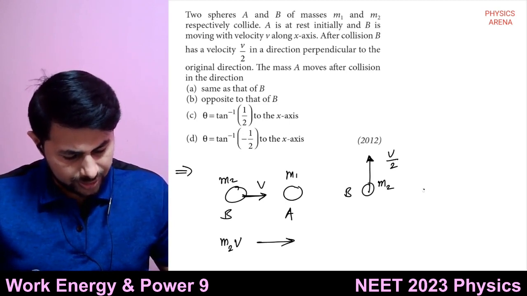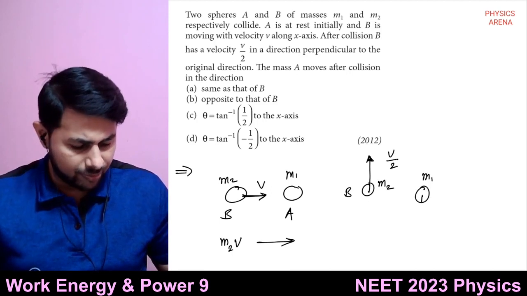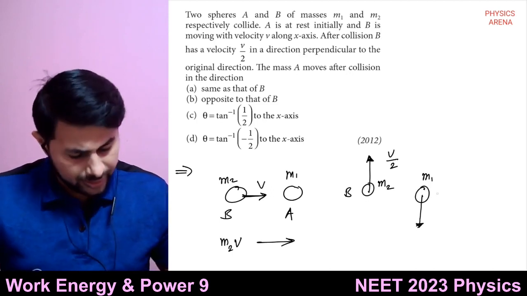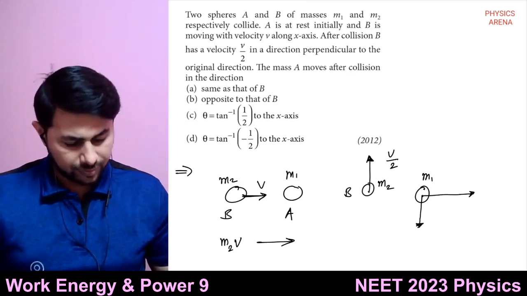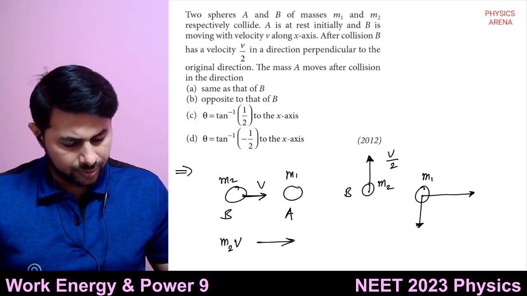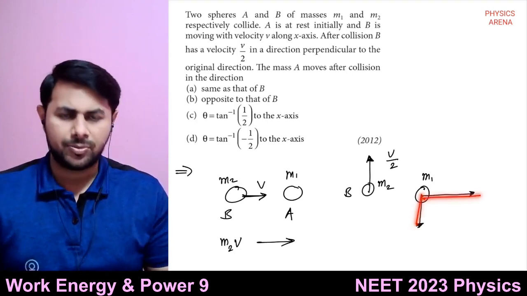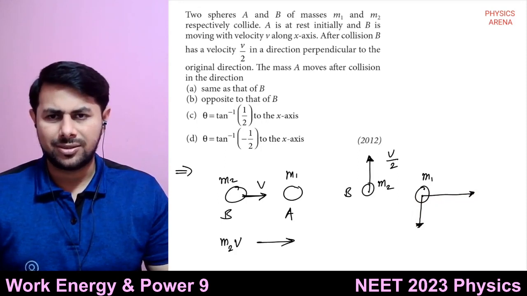Let's suppose this is the other ball whose mass is m1. It will have a y component of velocity like this, and an x component of velocity like this. What will be the y component and x component?